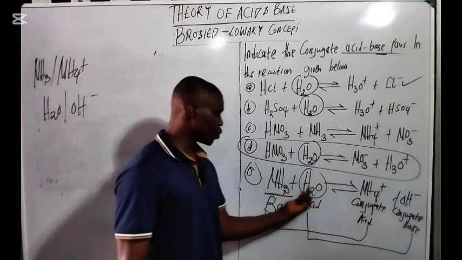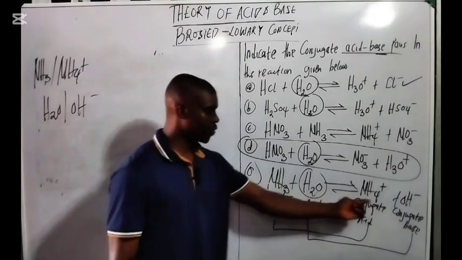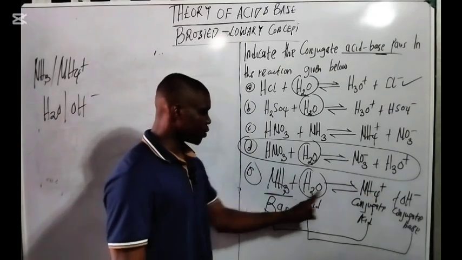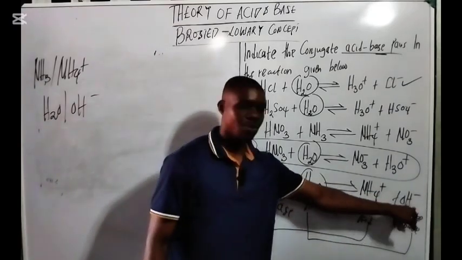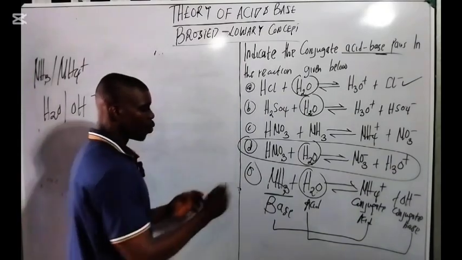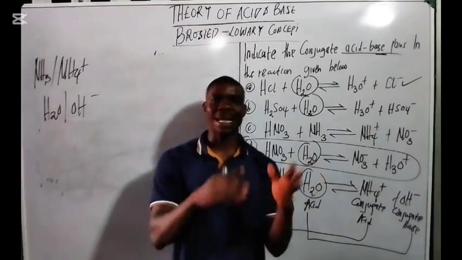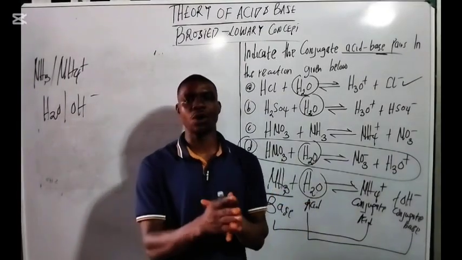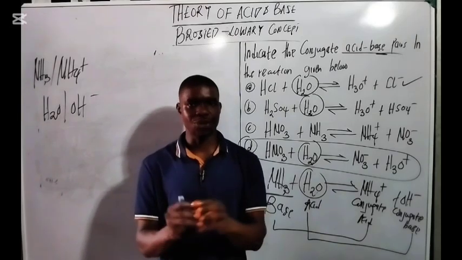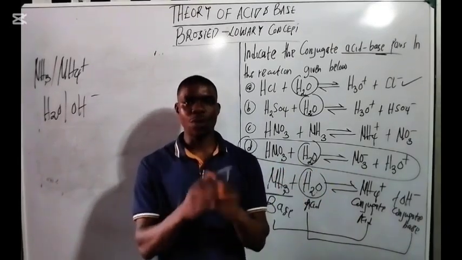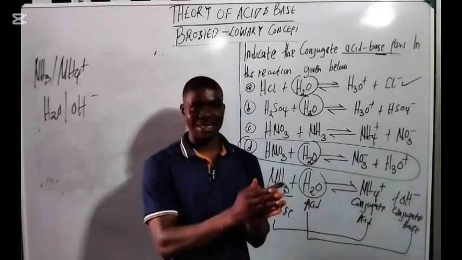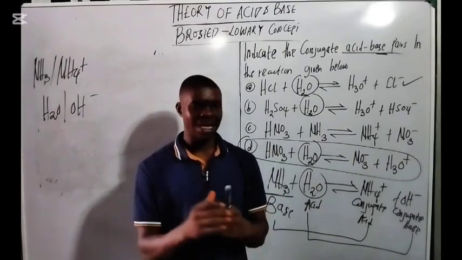It is going to donate a proton to this guy here to form this one here. So this water now forms the hydroxide ion. You can see that water can behave like either an acid or a base, depending on what it is reacting with. Whenever water is reacting with a base, it behaves like an acid. Whenever water is reacting with an acid, it behaves like a base.